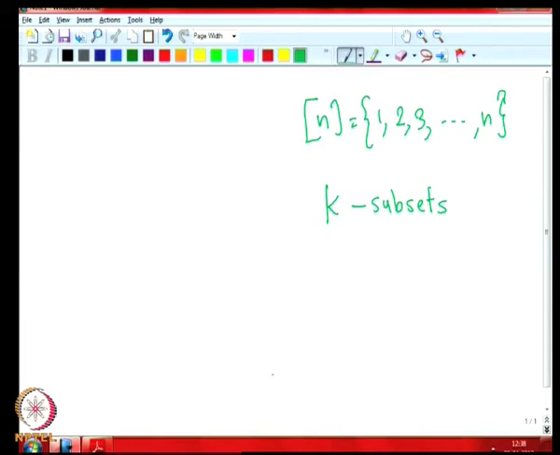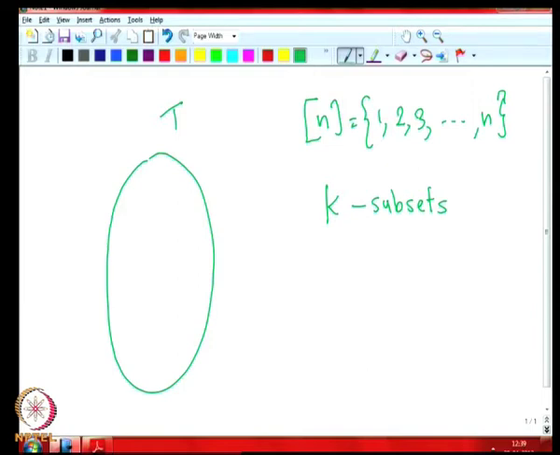So, our method was to consider two sets. One set we are already familiar with, namely this set called T, the set of all partial lists from this 1, 2, 3 up to n containing k elements.